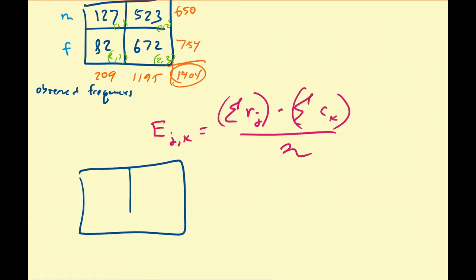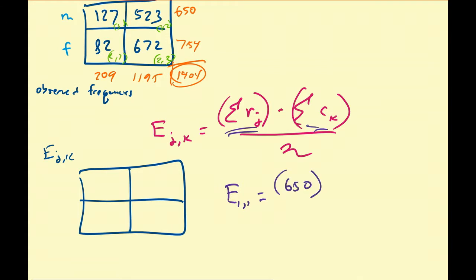For this first cell, 1,1, this is equal to the sum of row 1, which is 650, times the sum of column 1, which is 209, divided by the total sample size. If you calculate this out, you should get about 96.76.